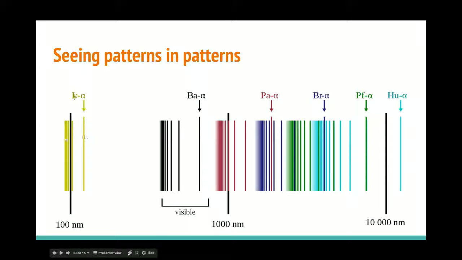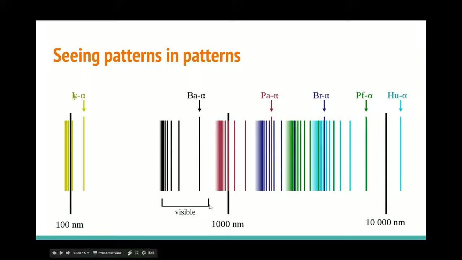Each one of these is a series of lines. If you run electrical energy through hydrogen, it will emit light, but it will only emit these specific frequencies or wavelengths of light.